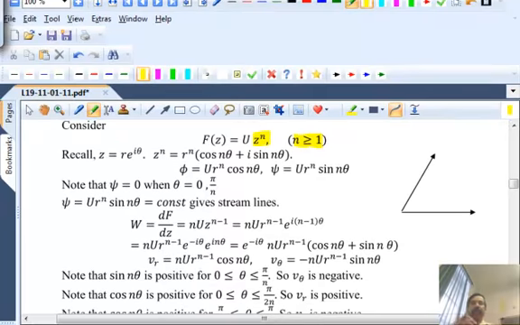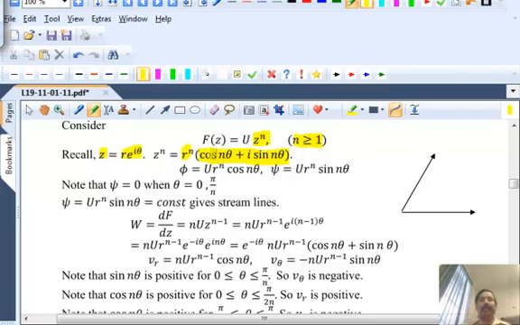So here I'm going to do this in cylindrical frame. So I'm going to use that z is equal to r e to the power i theta. Why? Because otherwise I have to do a binomial expansion in x and y or x1 and x2. Here I can use De Moivre's theorem to relate e to the power i theta to cos theta plus i sin theta. So it is r to the power n times cos n theta plus i sin n theta.